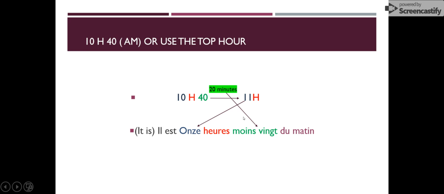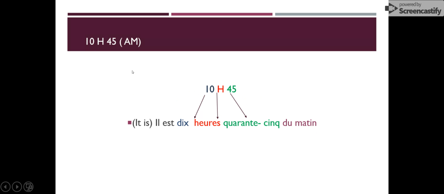So you will write il est 11 heures, using the top hour because in 20 minutes it will be 11. Even though the time is 10:40, you can use the top hour. Il est 11 heures moins 20 du matin. So 20 is vingt. Moins is minus. Basically, it means 20 till 11.